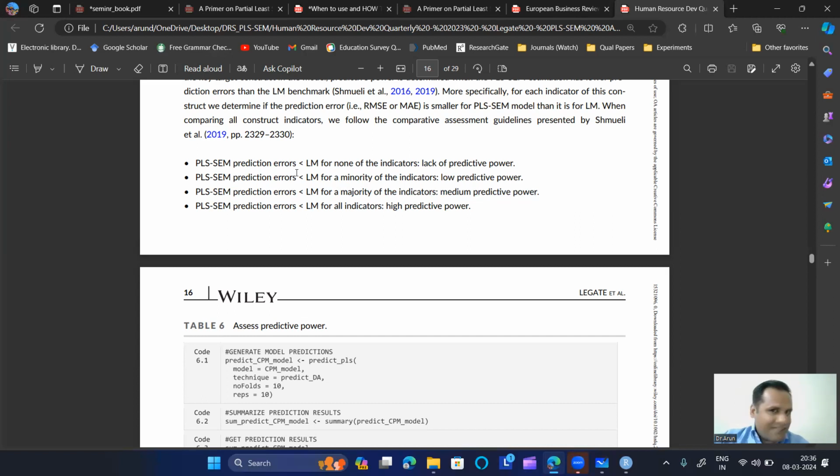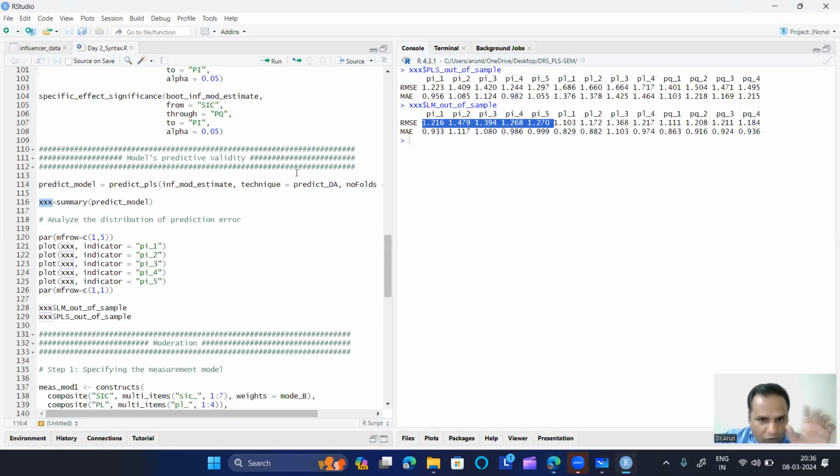If all your PLS-SEM errors are lower, then we will say the model has high predictive power. But now if you focus, your PLS-SEM result is more. Your error is more for three indicators. Then we will say the model has low predictive power. This is a case of low predictive power.